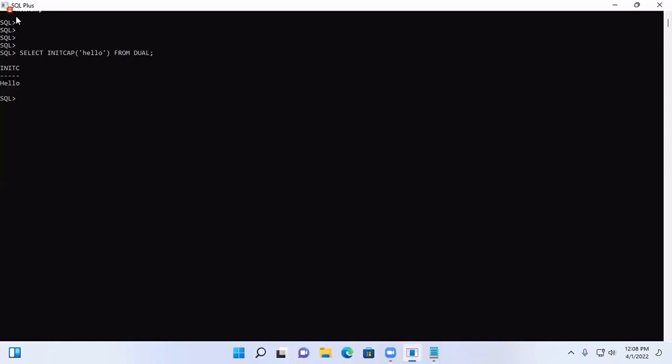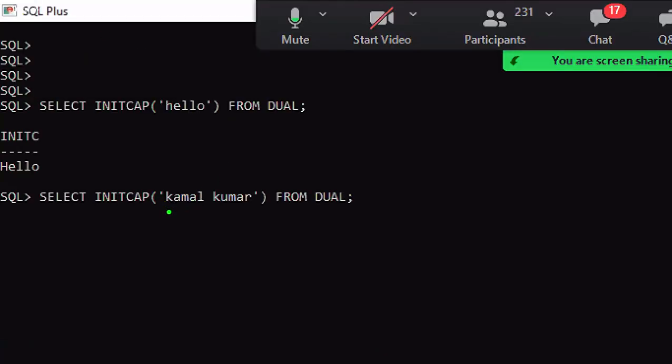In the same way, when I give init cap of some names, like Kamal space Kumar, what happens in this string expression? Kamal has all small case characters, but the initial K is converted into capital.